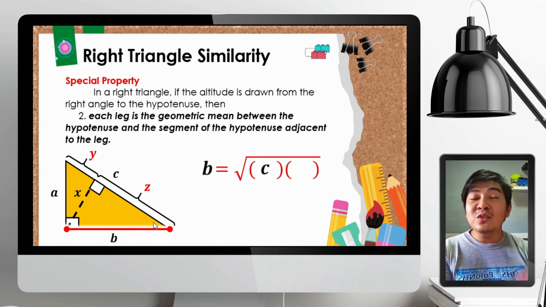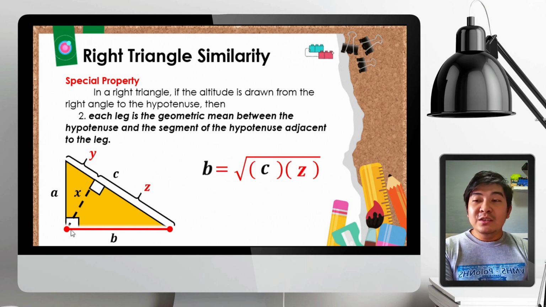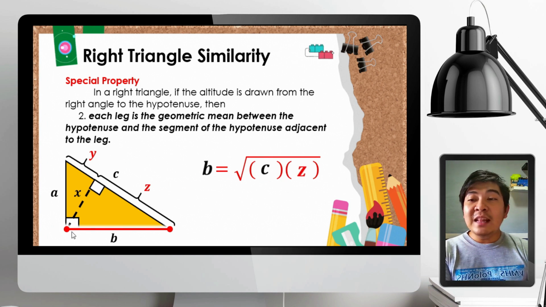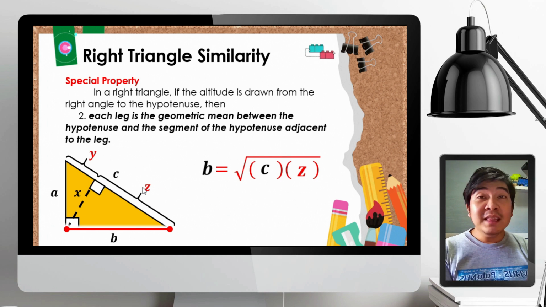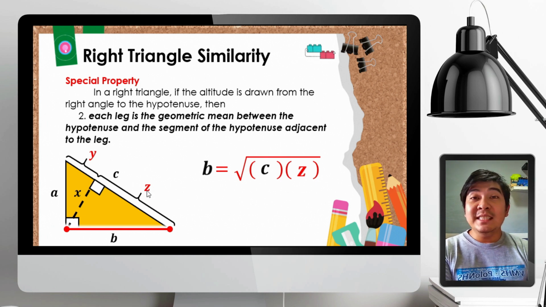Okay? Adjacent to the leg. Yung katabi, yung malapit sa kanya. So that will be, is it y or z? So mas malapit si z, so therefore, that will be times z. So therefore, in order for us to get the value of B, we just need to get the square root of the hypotenuse, which is C, times the segment na mas malapit sa kanya, which is Z.